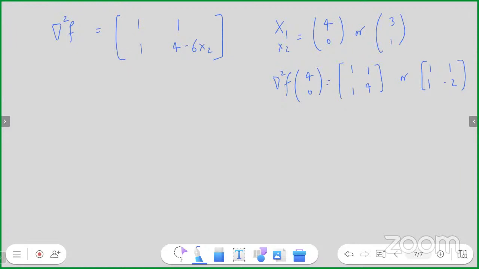What do I need to show? That this has to be positive semi-definite. So for all y, y transpose del square f at 4, 0 y is greater than or equal to 0 for all y. Which of the two do you think is, either, neither?